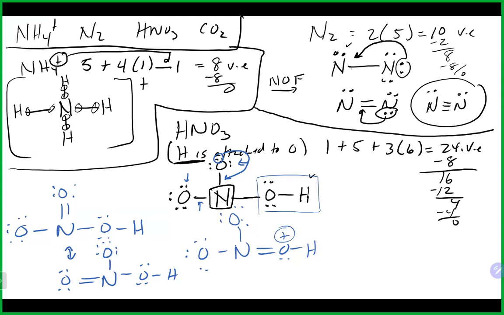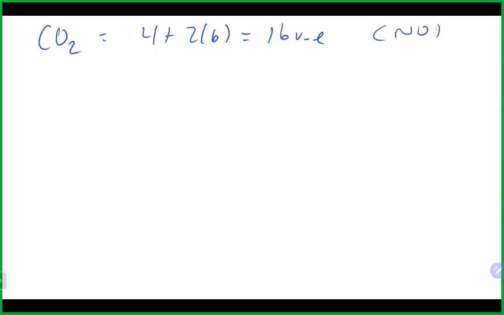Other questions? All right. Last one here is CO2. And in this particular case, 4 plus 2 times 6, which is 12, and 4 is 16. In this case, once again, just looking at the electronegativity, and everybody's in the same row, carbon obviously is less electronegative than oxygen.